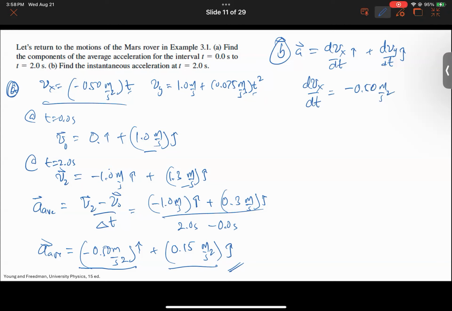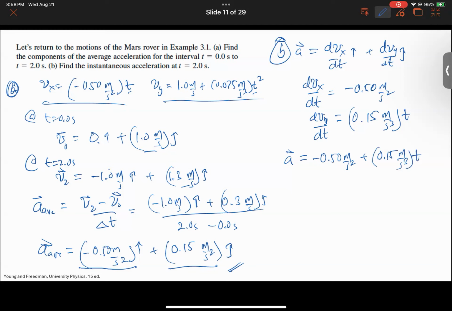And then yung Vy has this expression, so yung derivative with respect to time ng Vy is 0.15 meters per second cubed times t. Okay, so yung instantaneous acceleration vector natin is negative 0.5 meters per second squared plus 0.15 meters per second cubed times t, i hat and then j hat.